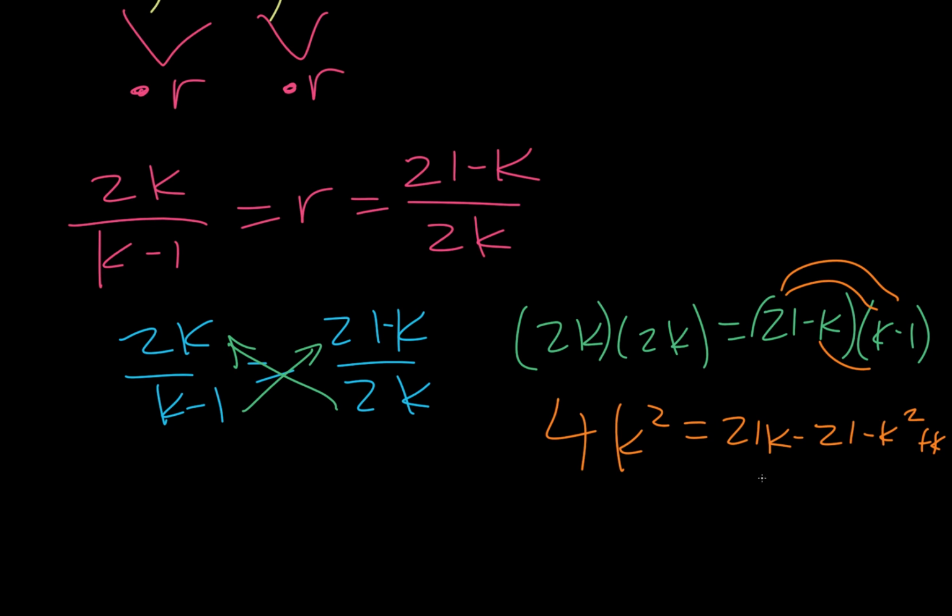Alright, now we need to combine everything that we can. Since it's going to be quadratic, we need to get everything onto the same side. So before I do that, let's combine those. So that's 22k, minus 21 minus k squared, 4k squared.